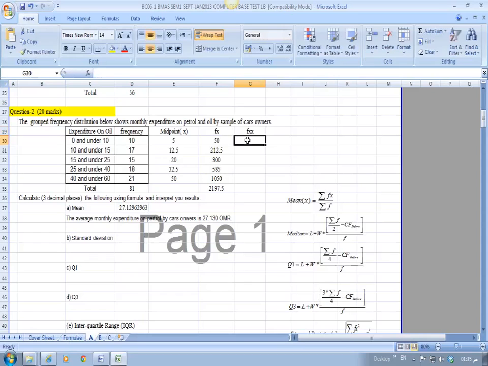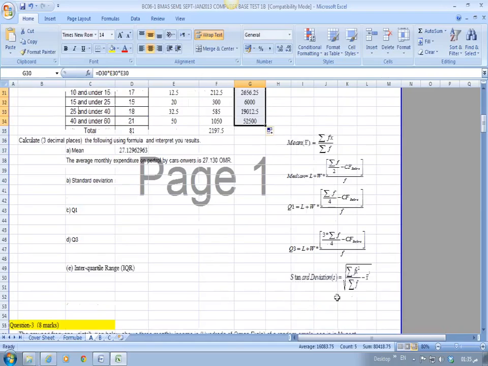So here we multiply the frequency by x, and by x again. It means x is squared, and then press enter, then drag it down.